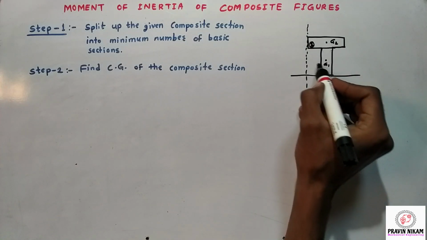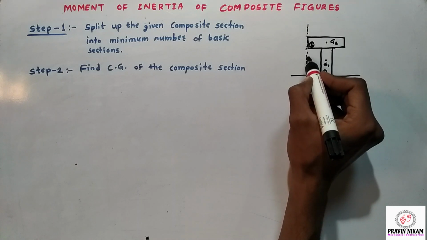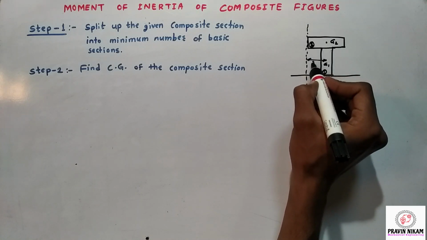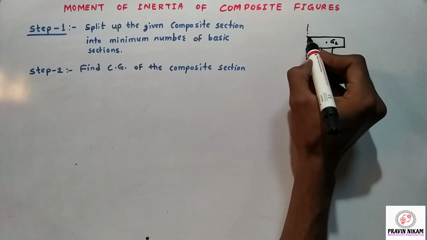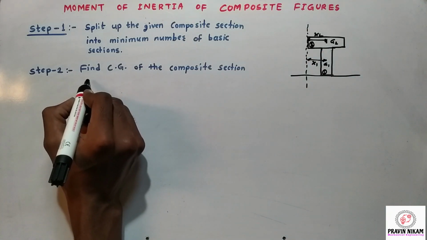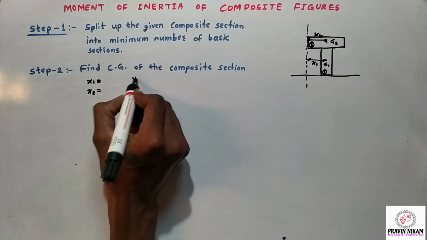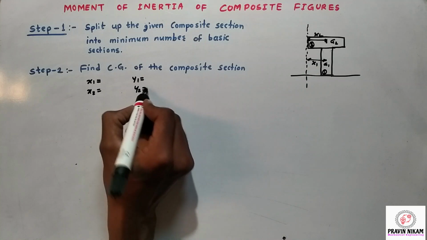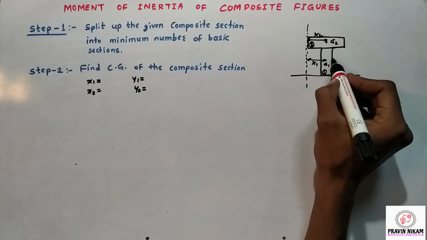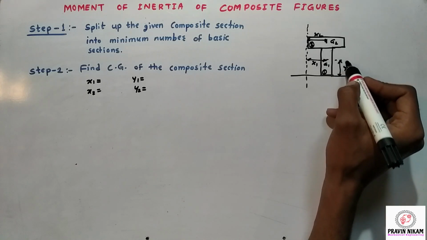Now find x1, that is the distance of G1 from this vertical line, and x2, the distance of G2 from the vertical line. So find x1, then x2, then find y1, y2. y1 is the distance of G1 from the bottom line, and y2 is the distance of G2 from the bottom. So find y1, y2.